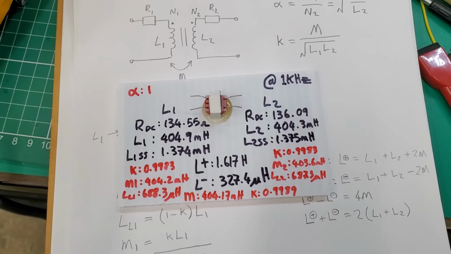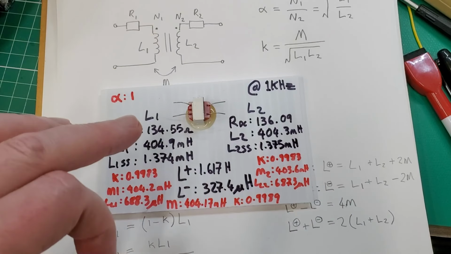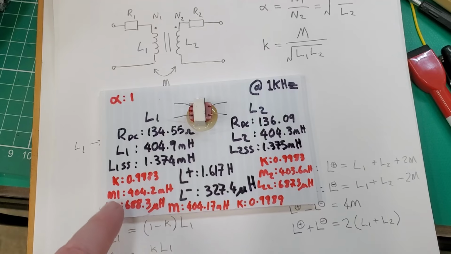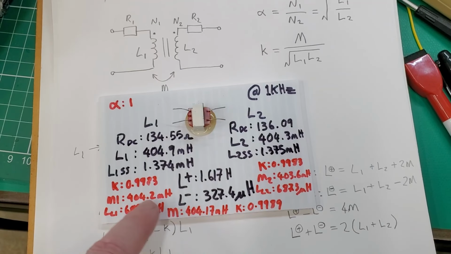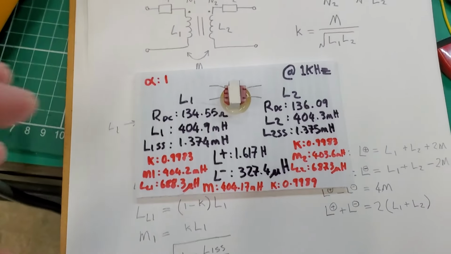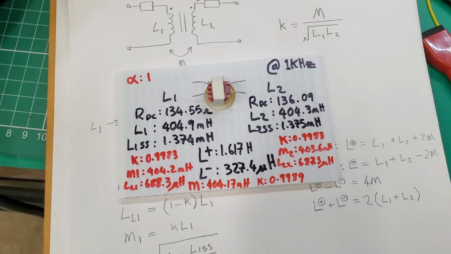So if you do the math using the ratio of the shorted and unshorted secondary, then you get a coupling coefficient of 0.9983. So almost perfect. Essentially all of the flux from the primary is being linked into the secondary.